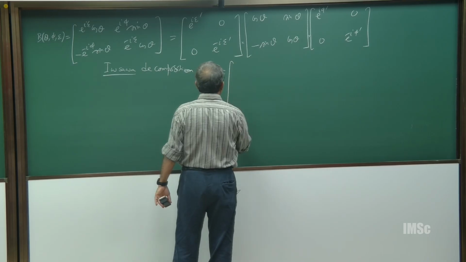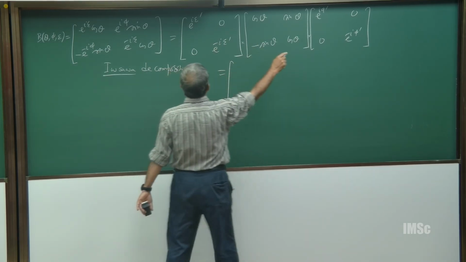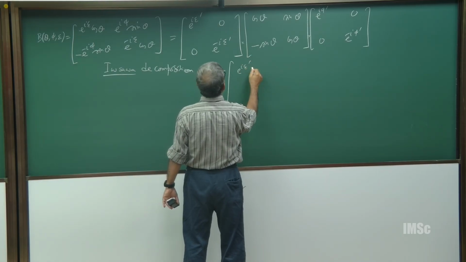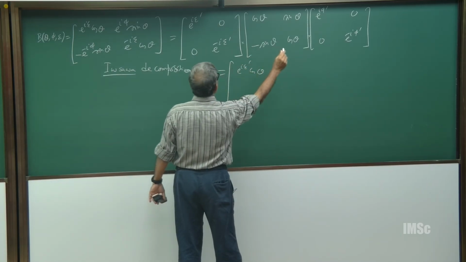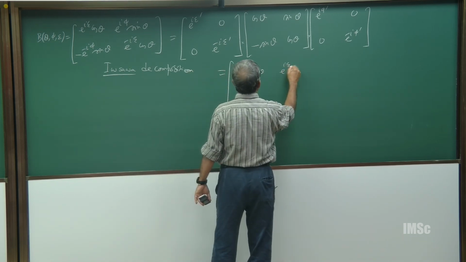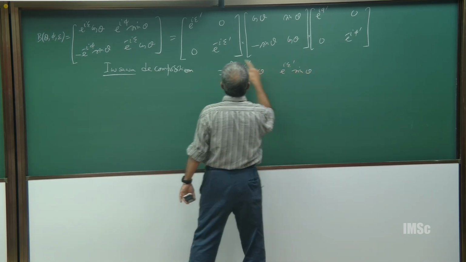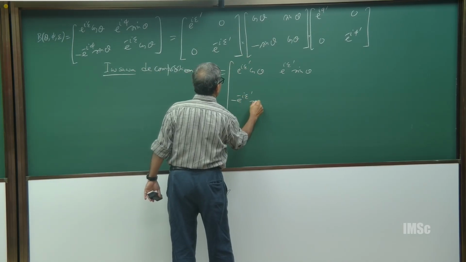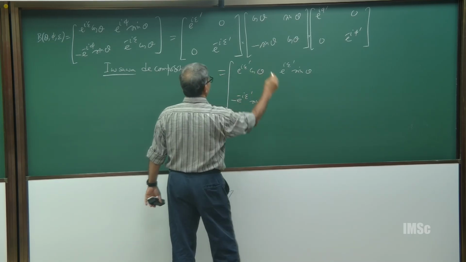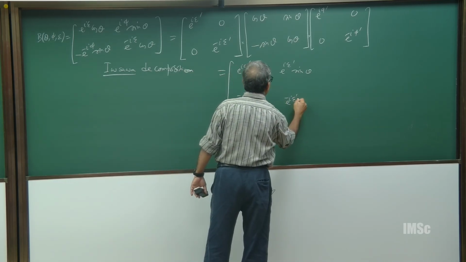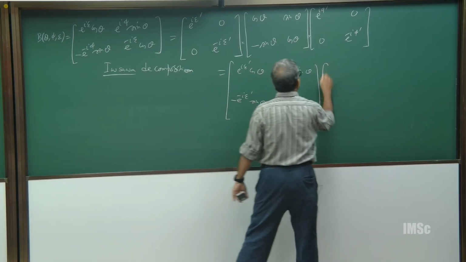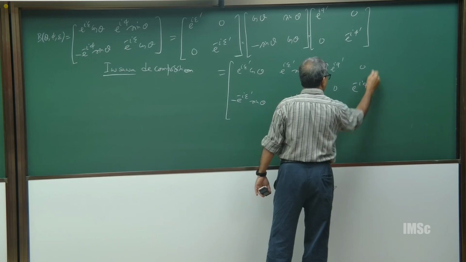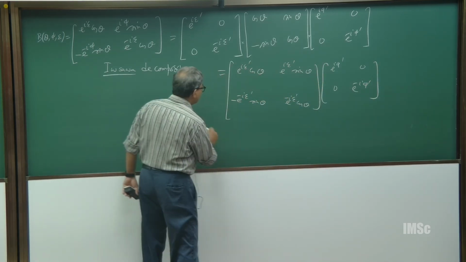So, now tell me what this is. The first two, what will that be? E to the power I epsilon prime cos theta, then sin theta, minus sin theta, cos theta. Right.